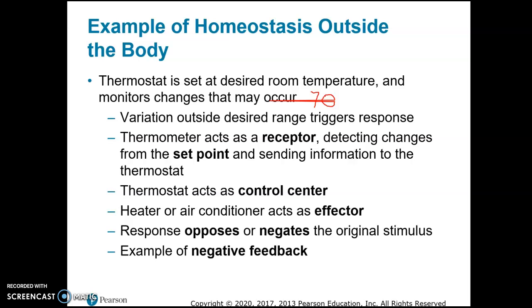So during the day, especially this time of year, the sun is coming out and it's heating up, and the thermostat is going to contain a thermometer, and the thermometer is the receptor, and it's going to detect that the temperature is rising, going higher than the set point, which is 70, and that information is going to the thermostat, which is the control center.